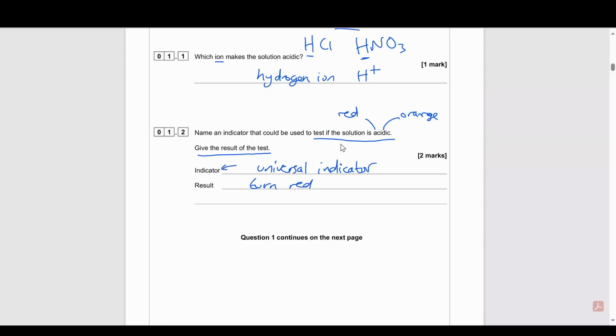If we didn't mention universal indicator, then we could mention our piece of paper that we could use, which would be litmus paper. But the color of the litmus would actually need to be blue. And then if we dip that into a chemical solution that's containing an acid, it should then also turn red.